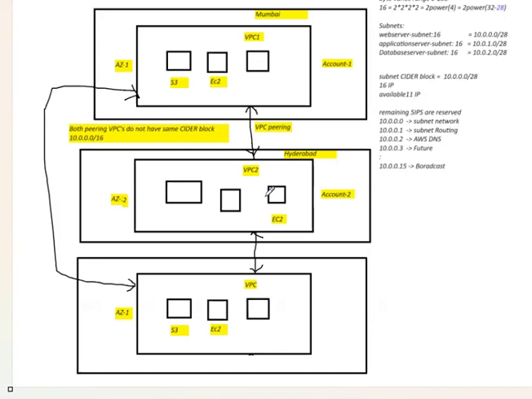So now in this video, let us discuss how to provide communication between different resources which are present in VPC.